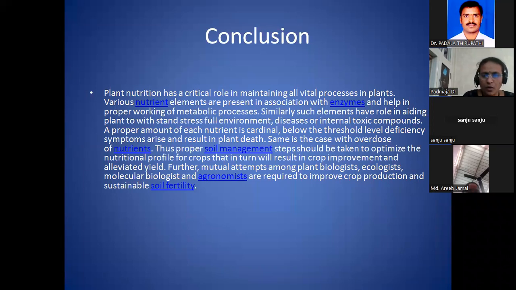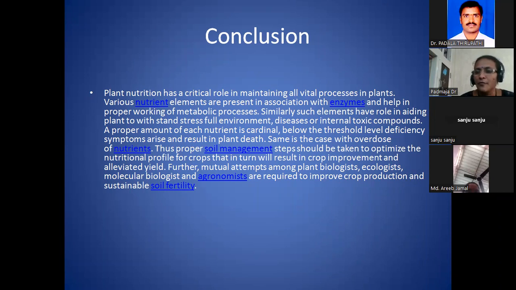And by way of conclusion, these nutrients play a very important role in the total plant life and for the growth of the plants. They may be helpful as constituents of different enzymes, or constituents of the cell wall, or they may be helpful for the opening and closing of the stomata.